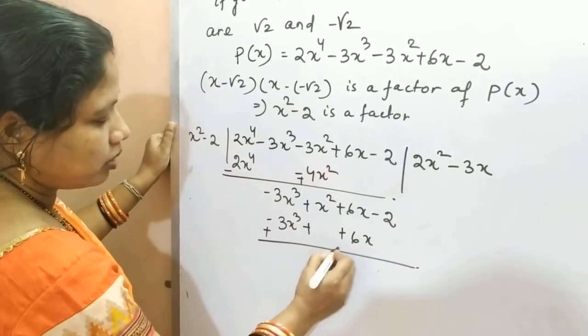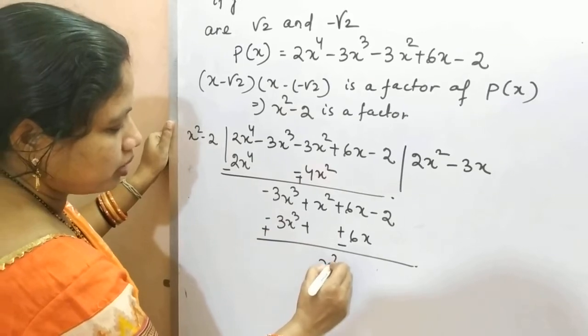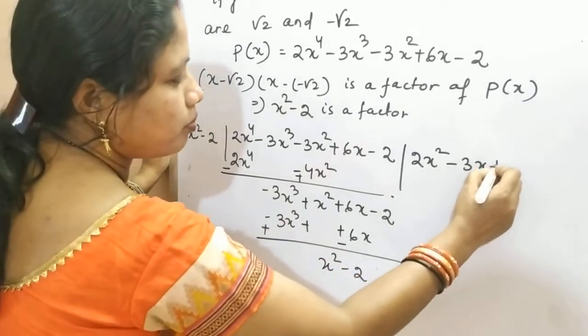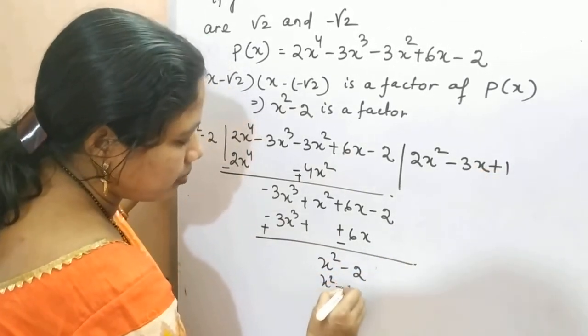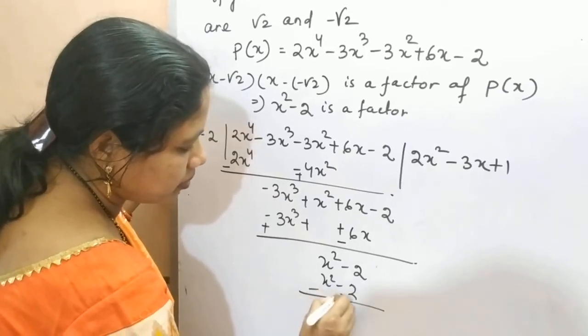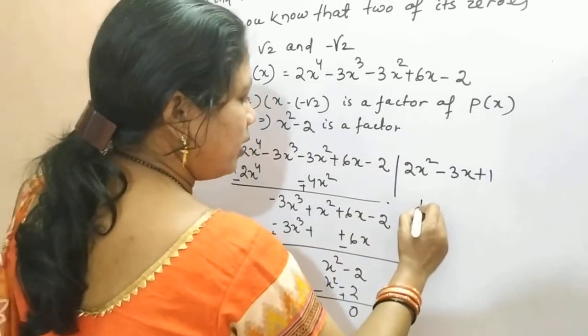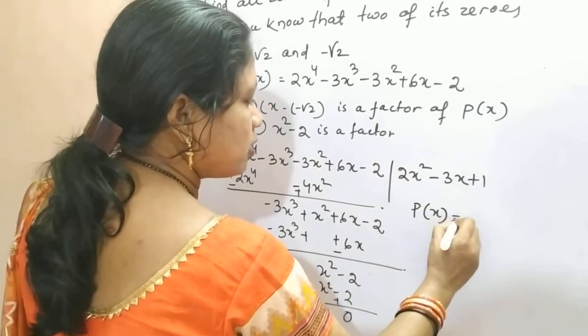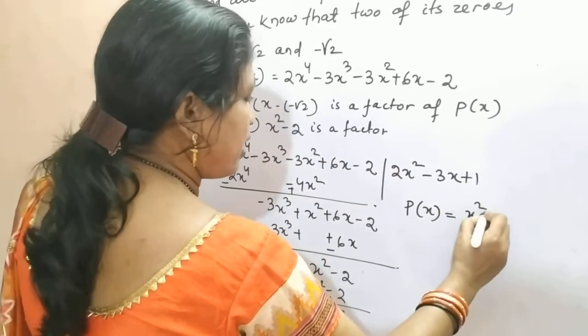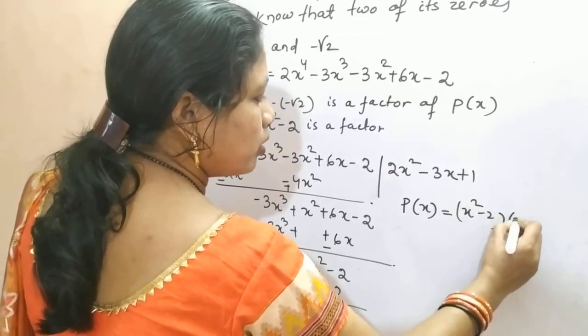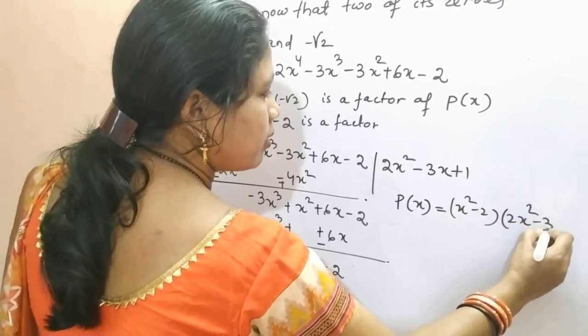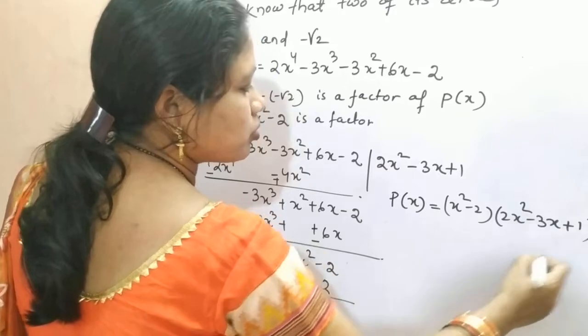So this is plus, this is minus. So x square minus 2. So plus 1 here. X square minus 2. So remainder becomes 0. So here we know p of x is equal to x square minus 2 whole into 2x square minus 3x plus 1.